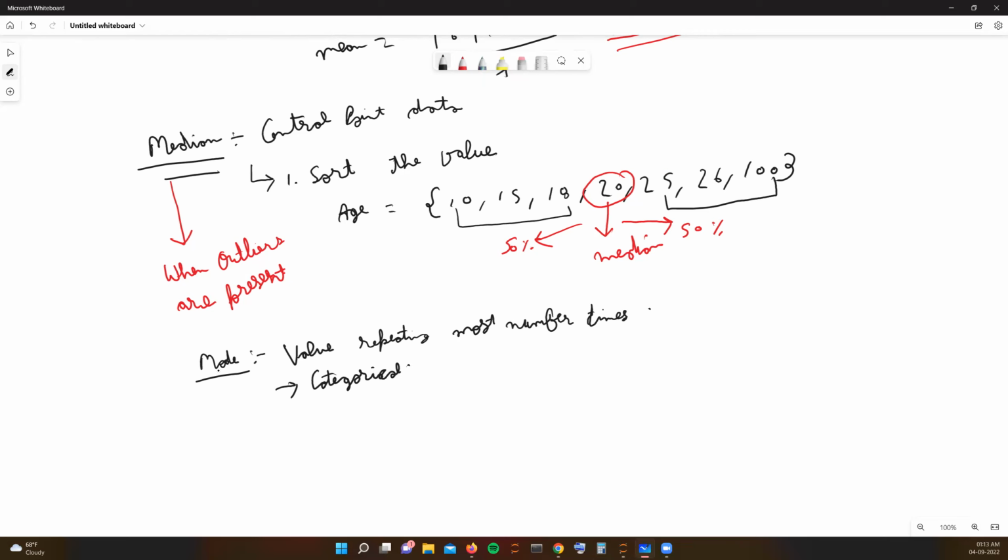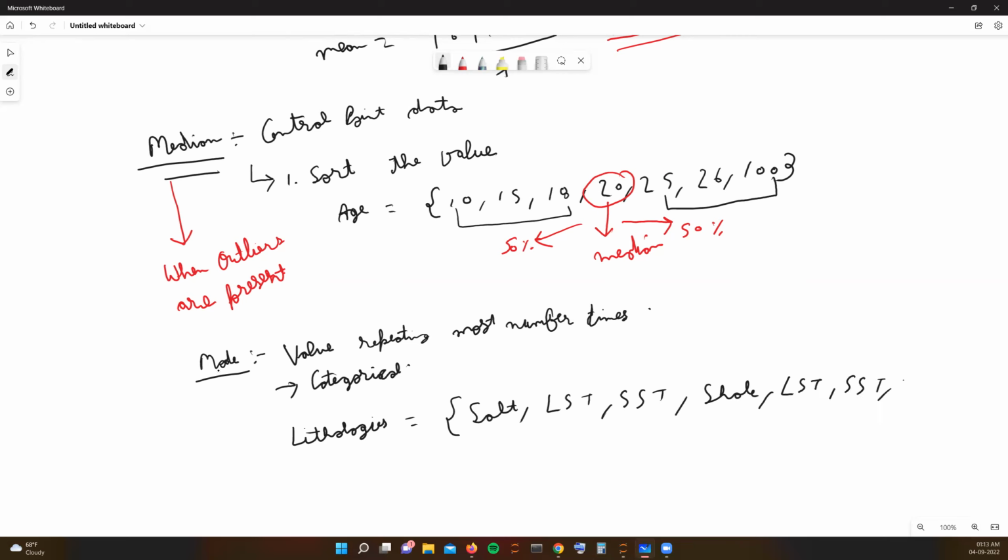For example, let's take an example of some lithologies. I have data of some lithologies: salt, limestone, sandstone, shale, again limestone. So this is the data from your core samples, you can assume.